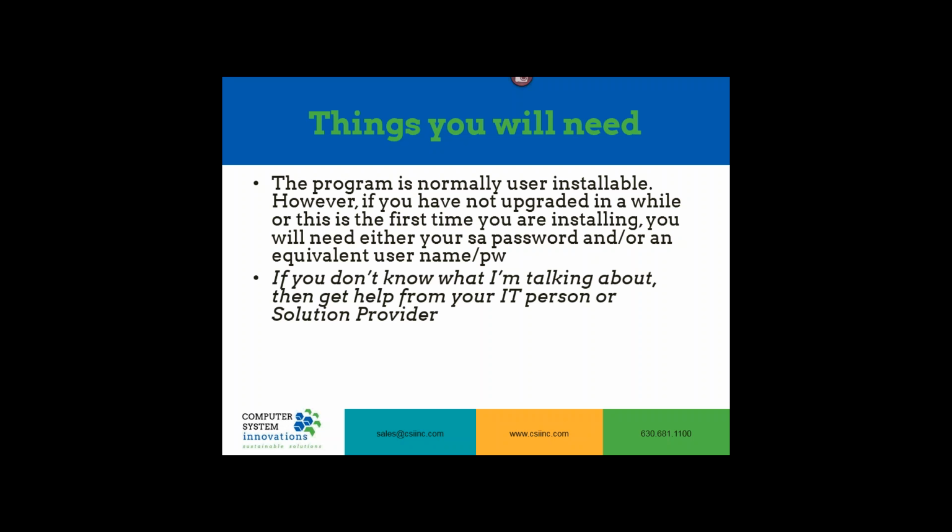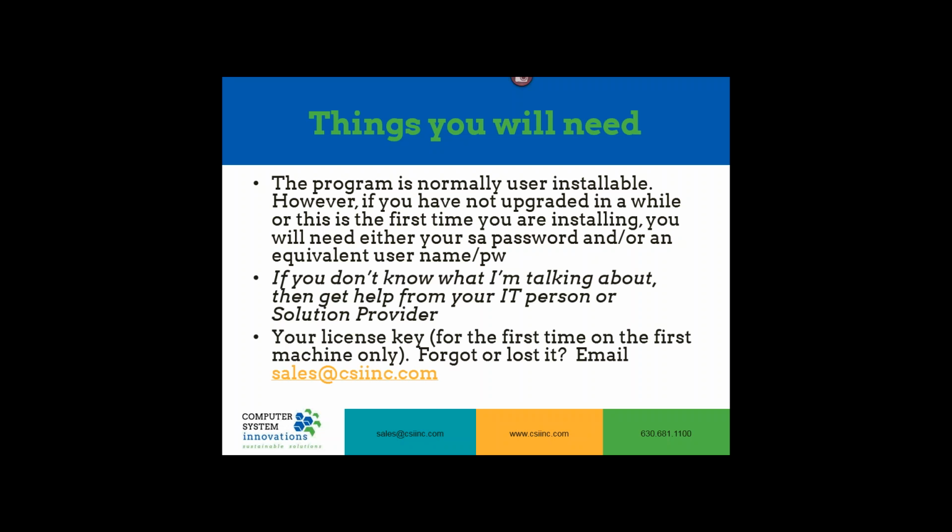If you don't know what that is, you need to talk to your IT person or your solution provider to get that. It's a one-time thing that it needs to do ahead of time. And then it's going to ask for your license key if it's the first time you're doing it. If you forgot or lost it, remember, just email sales@csiinc.com.